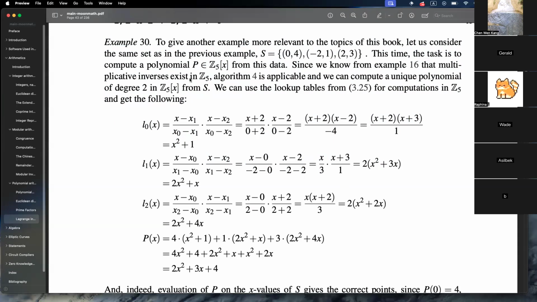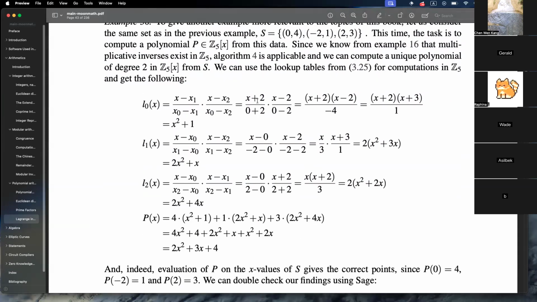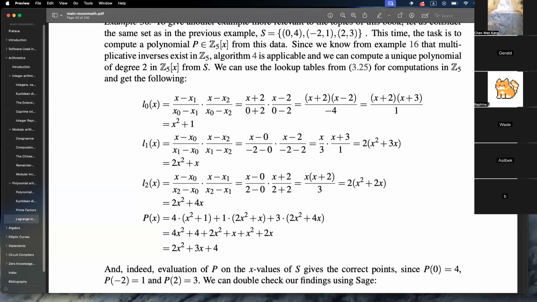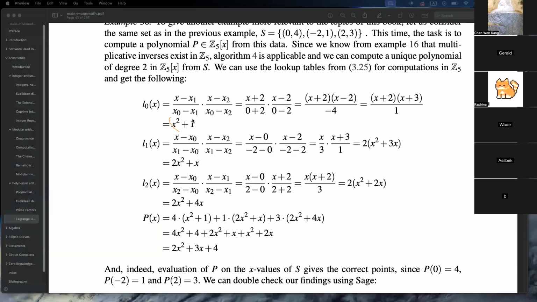Anyways, so it does the same thing, but it just honors modular arithmetic, which means that these are also behind all this. It's not really written, but they are technically something like this, right?